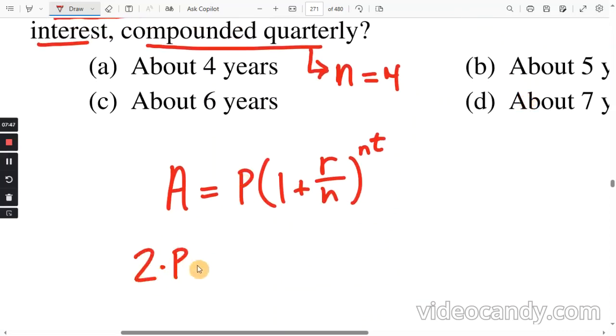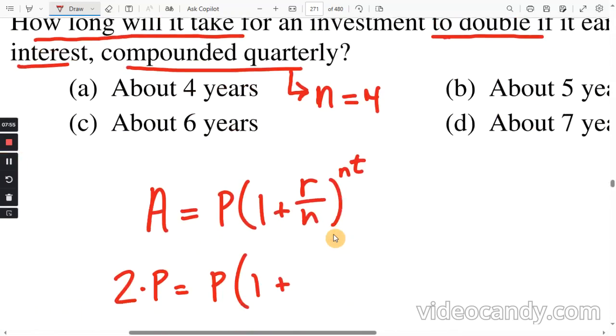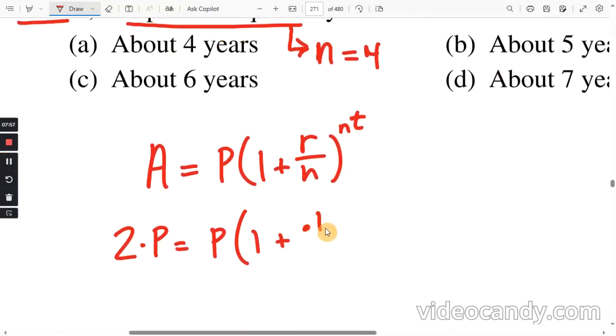So A is going to be 2 times P. And that equals P times the quantity of 1 plus r, which we said was 0.10, divided by n, which we said was 4 because it's quarterly, to the power of n, which we said was 4, times t, which we do not know at this time.